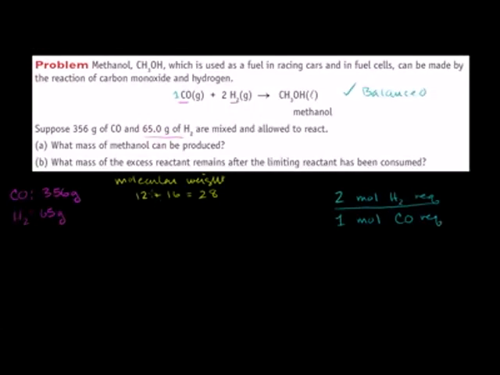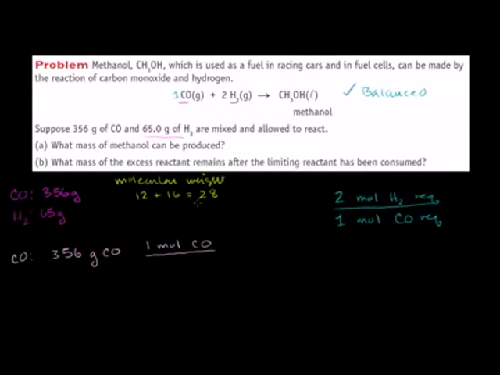Molecular weight of 28, which tells us something about carbon monoxide. Let's do the carbon monoxide first. We have 356 grams of carbon monoxide, and we want to write this in terms of how many moles of carbon monoxide we have. So 1 mole of carbon monoxide has how many grams?